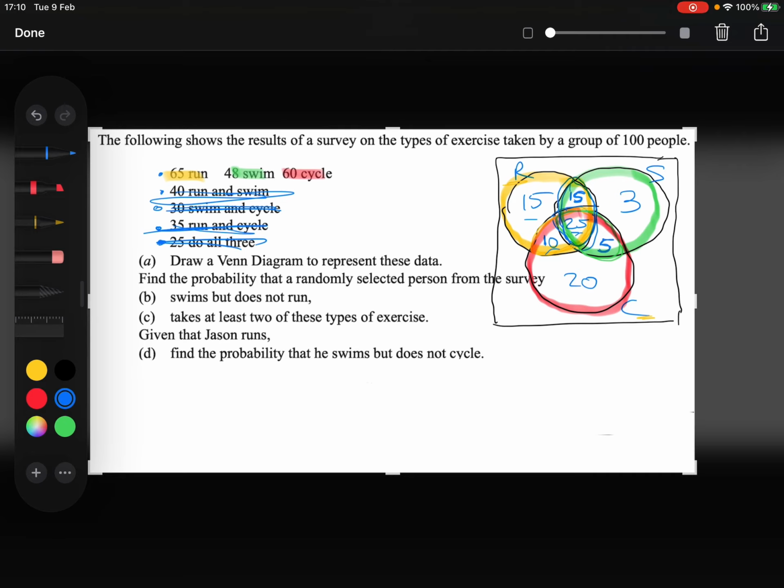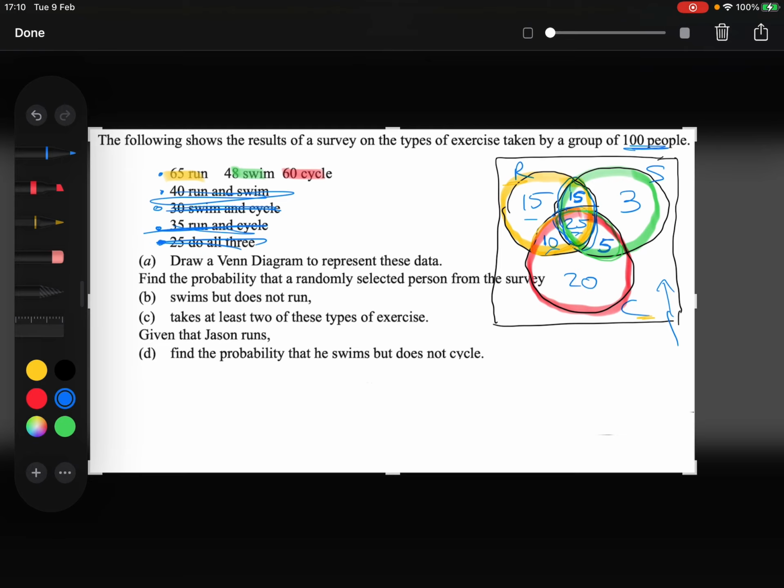Now, we've not finished filling in the Venn diagram yet. There's another category that I've not filled in here, and it's the outside region. How many people do no exercise at all? Do no running, no swimming, no cycling? Now, we know there's 100 people.